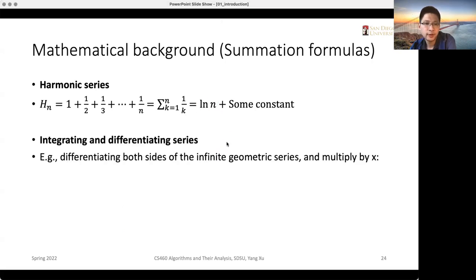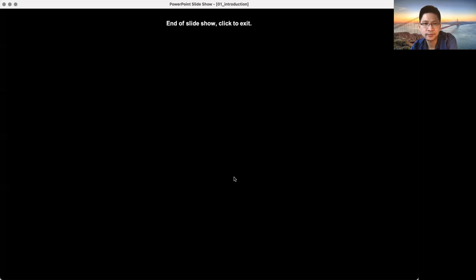Yeah, and for integrating and differentiating series, I will leave it to yourself for after-class reading. Basically you differentiate both sides of the geometric series, and you can get why we can infer from the left to the right in this case.